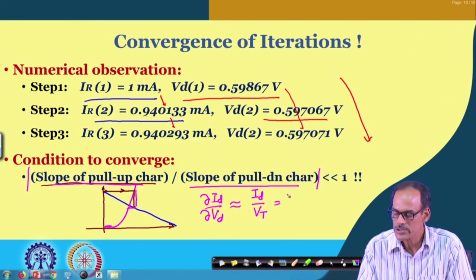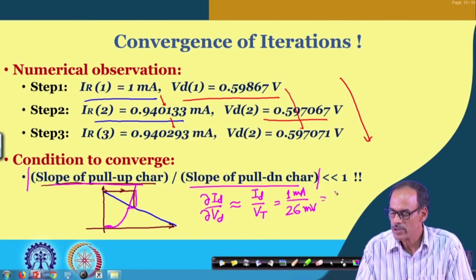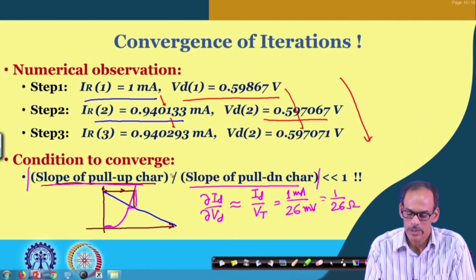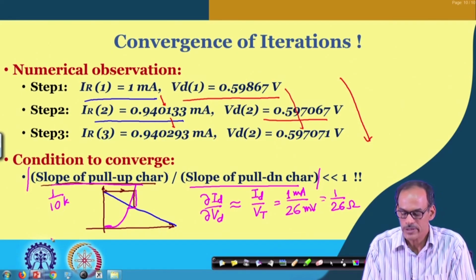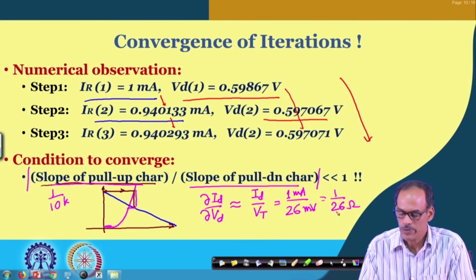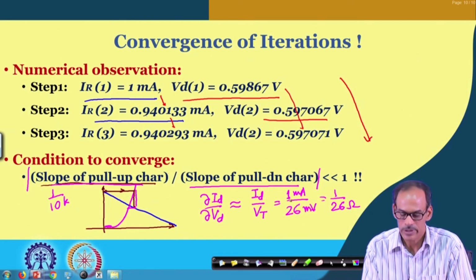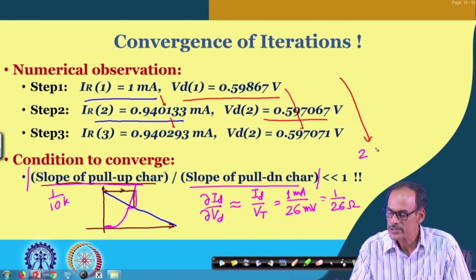So if I say that this is 1 milliampere and this is 26 millivolt, this is 1 by 26 ohms, and this slope is of course 1 by 10 k. So if you take this ratio, it is nothing but 26 divided by 10 k.